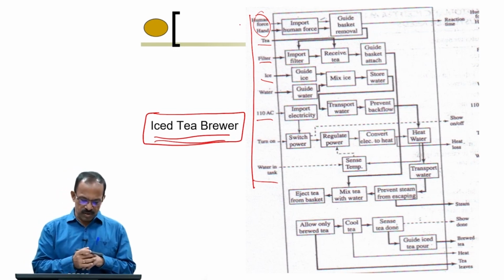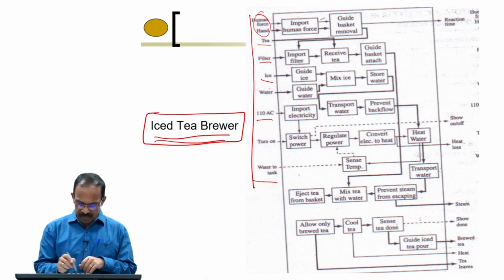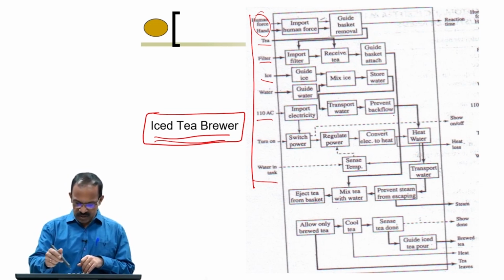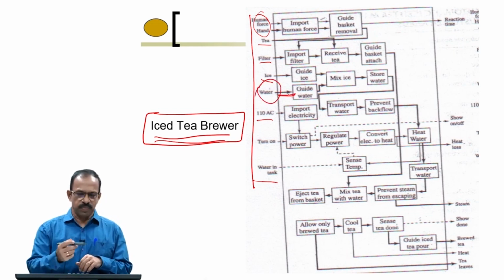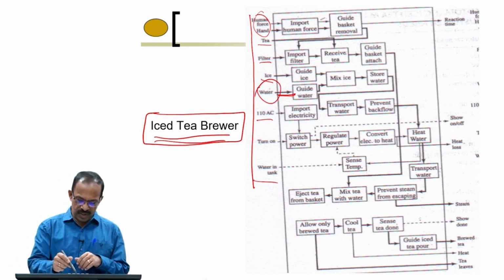Now, you can look at what is happening to water. You have the water in a tank, and this is the water, so guide water. You need to channel the water to go somewhere, where it mixes with ice, and then store the water and transport the water.